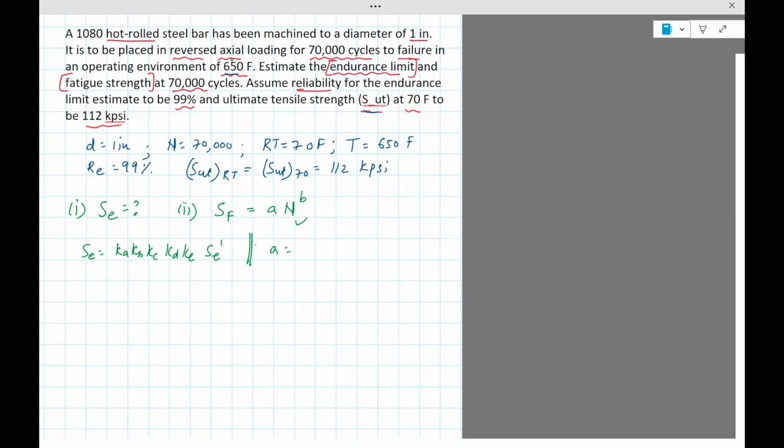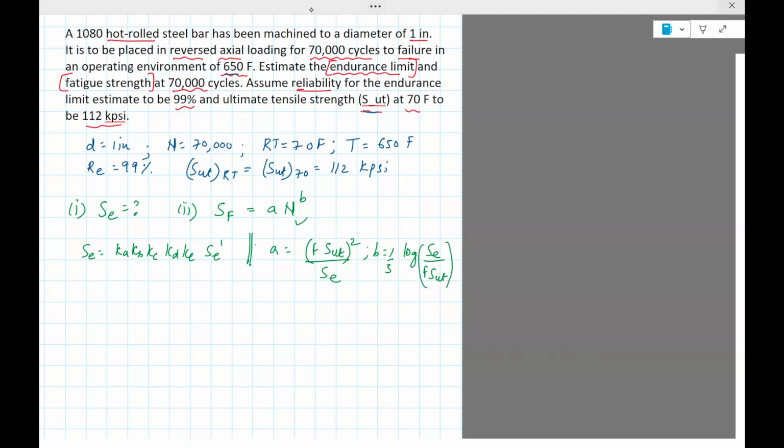A is a formula which we have derived earlier. A was F times SUT squared divided by SE, and then B was 1/3 log of F SUT divided by SE.